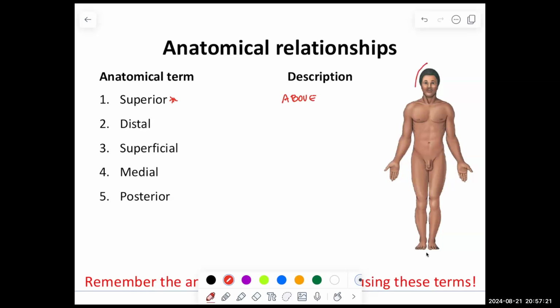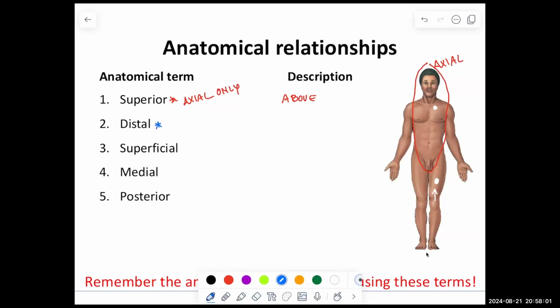That only applies to what we call the axial. Axial only. You do not say your patient has an injury superior to the knee. That is wrong. You can say they have an injury superior to the heart. So superior only applies to axial descriptions.